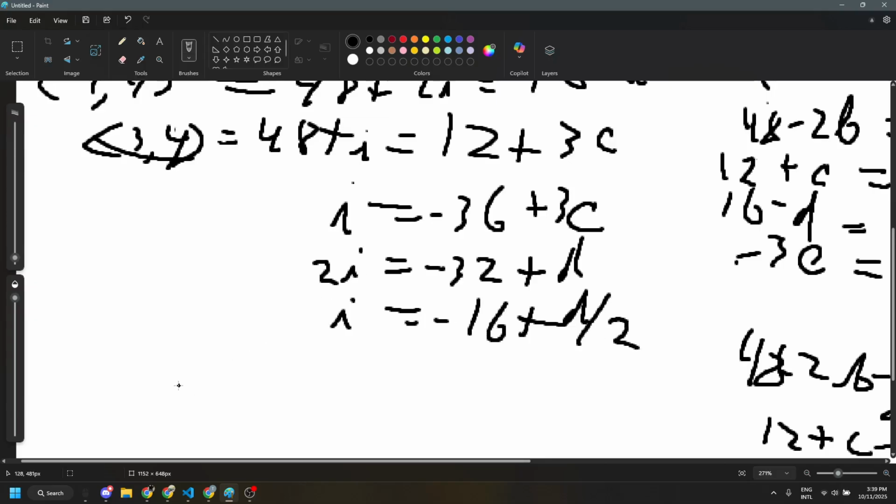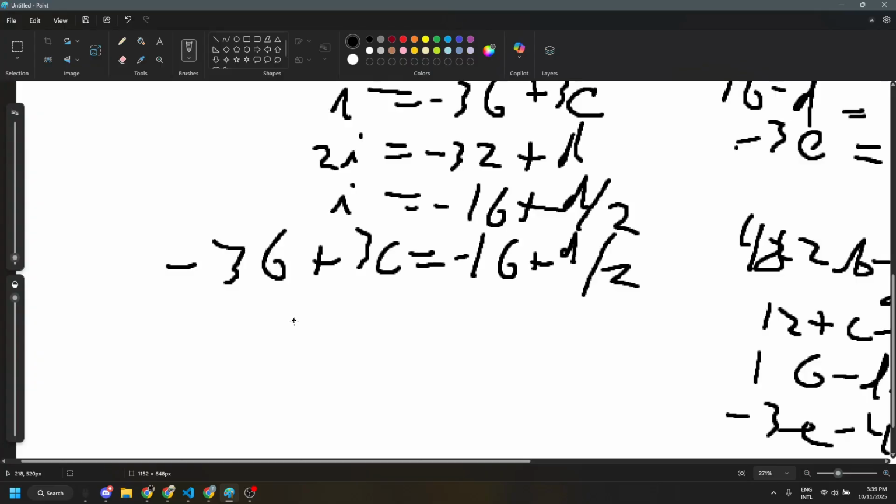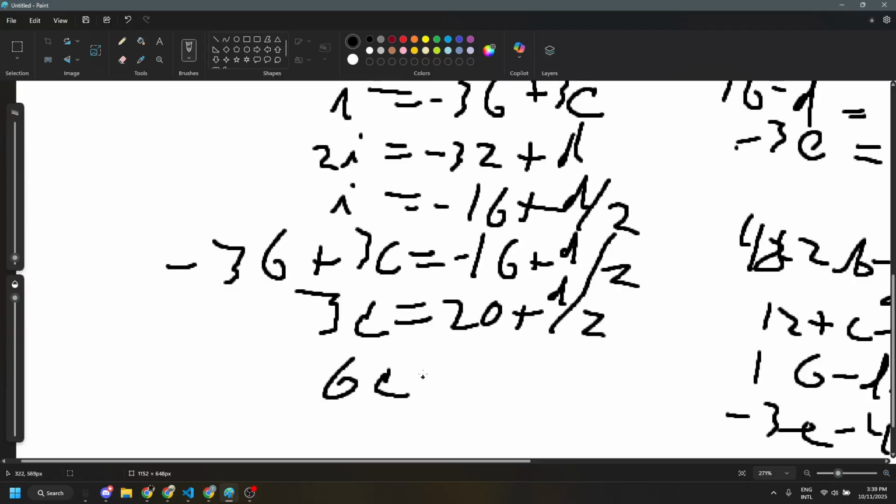So then we have this equality, negative 36 plus 3C is equal to negative 16 plus D over 2. Now adding 36 to both sides, we have 3C is equal to 20 plus D over 2. So we have 6C is equal to 40 plus D.